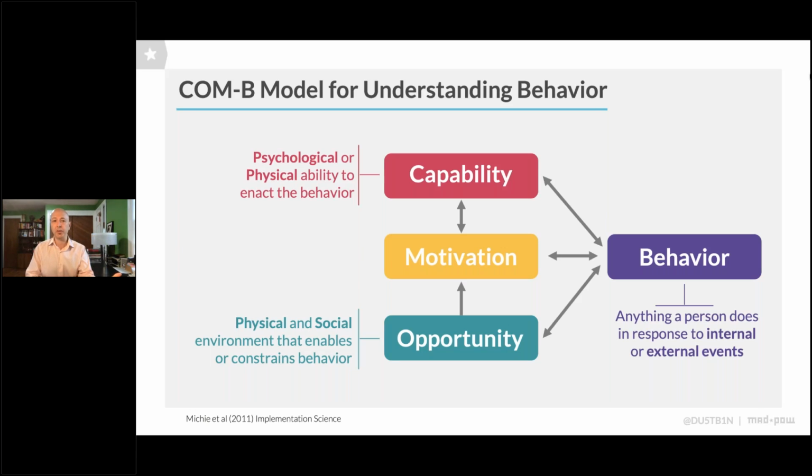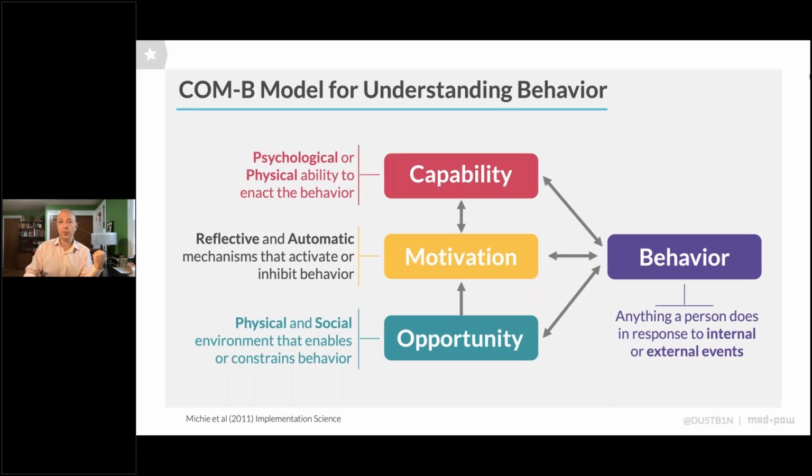So we need the capability, both physical and mental skills, strength, stamina, decision-making processes, knowledge; the opportunity; and of course, maybe most important in health, we also need the motivation to do the behavior.